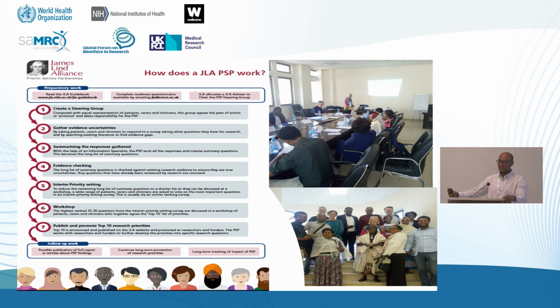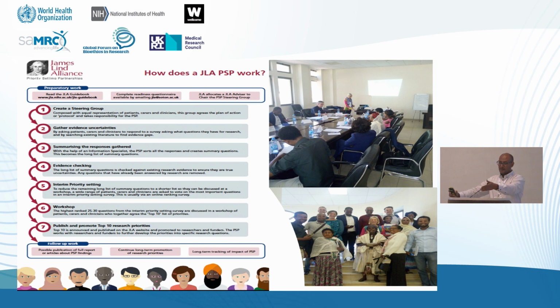Then we went to the gathering of uncertainties from the patients and carers by going to their households, and later we summarized that and changed it into research questions. Then after, we checked against available evidence. Then for those questions where evidence was not found, we went for interim priority setting.